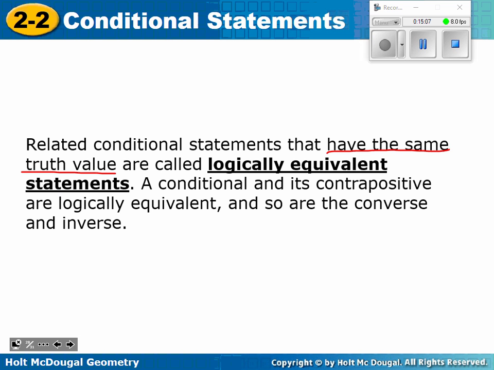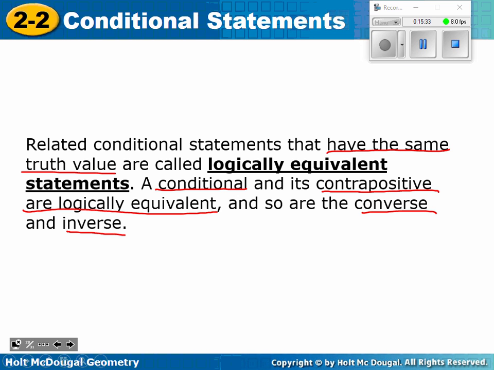If two statements are both false, we say they're logically equivalent because they have the same truth value. And then they remind you right here what I just said. A conditional and its contrapositive are always logically equivalent. The converse and the inverse are also always logically equivalent. Does that make sense? Okay, and that was the end of 2.2 in your notes, right?